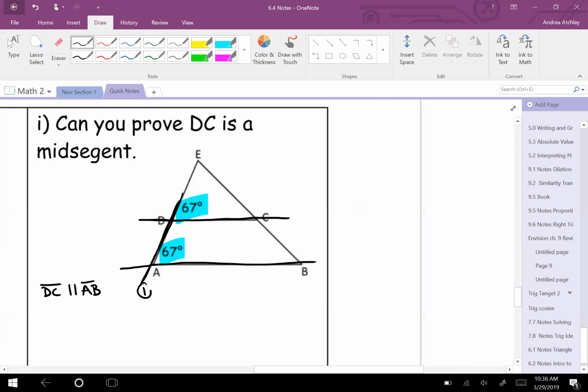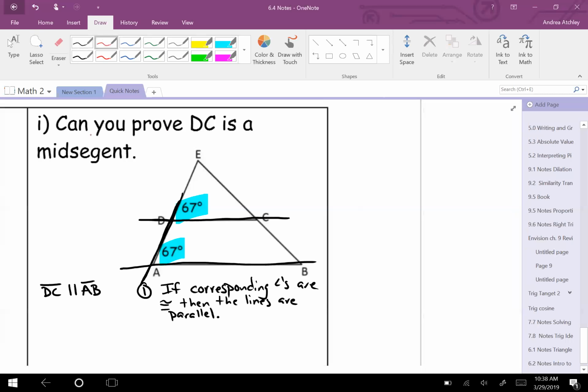So that's the reason why: if corresponding angles are congruent, then the lines are parallel. Okay, the next step I have to do is what I'm trying to prove.